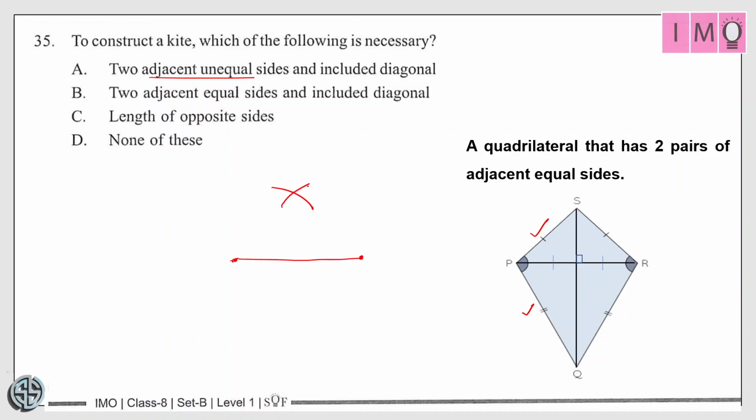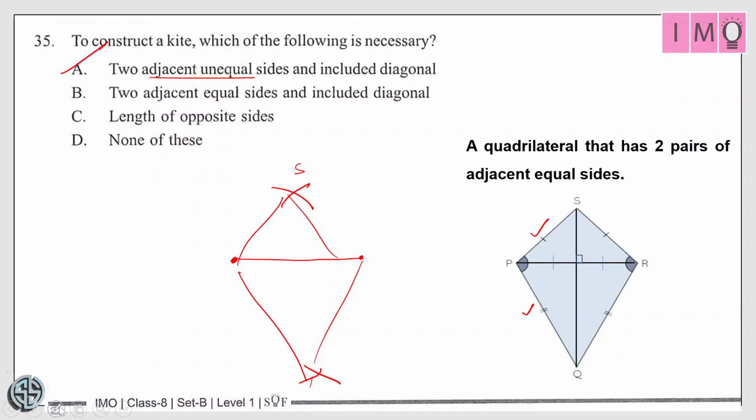So definitely you can get the vertex S here, and similarly you know the value of PQ. So from P you can cut arc Q as here, and since RQ is equal to PQ, you will cut an arc and you can easily make a kite here. So the option is correct.